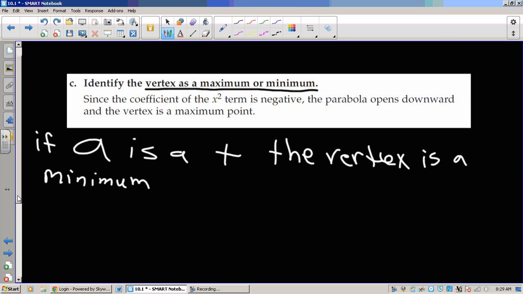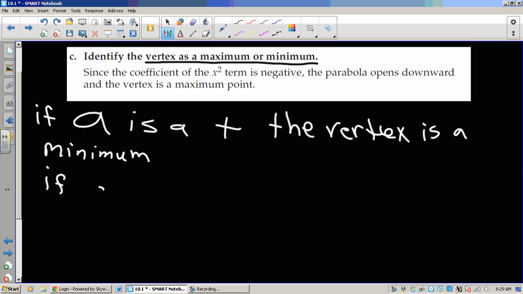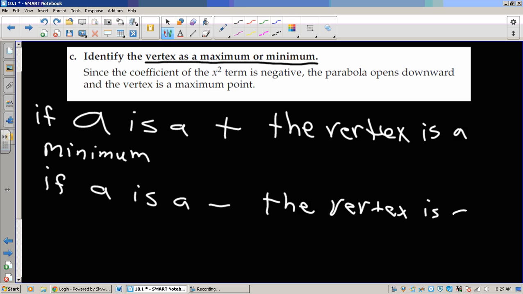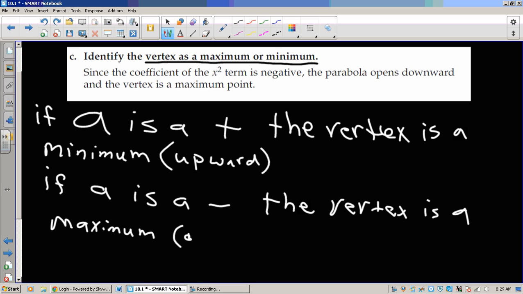It's just the opposite: if A is negative, the vertex is a maximum. A minimum opens upward, and a maximum opens downward.